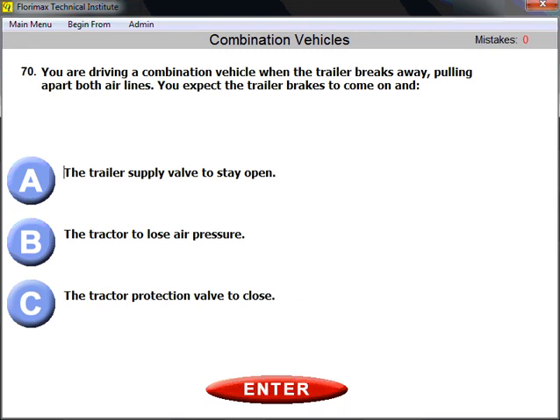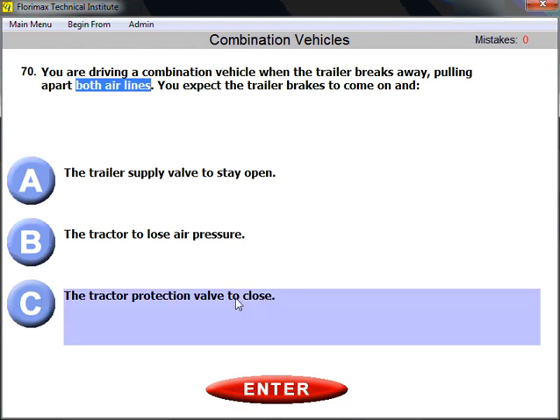Question number 70. You are driving a combination vehicle when the trailer breaks away. Boom. Pulling apart both air lines, and you expect the trailer brakes to come on and the tractor protection valve to close.